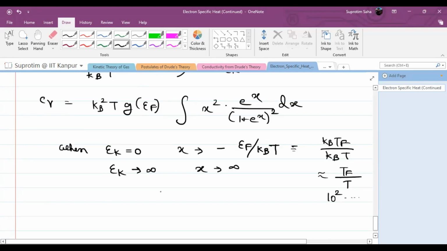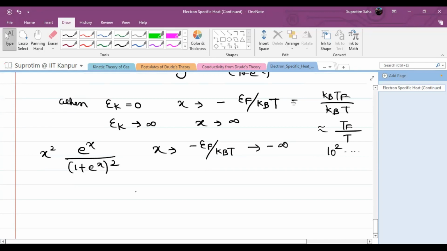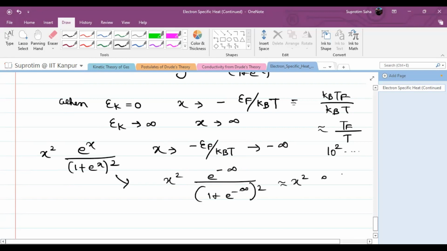Now if you put the value of minus E_F by k_B T in the integrand, x squared e raised to x by 1 plus e raised to x whole squared, you can essentially treat it as minus infinity, as we know that the T_F by T ratio is very, very high. So x squared e raised to minus infinity, and in the denominator it basically goes down to 1.